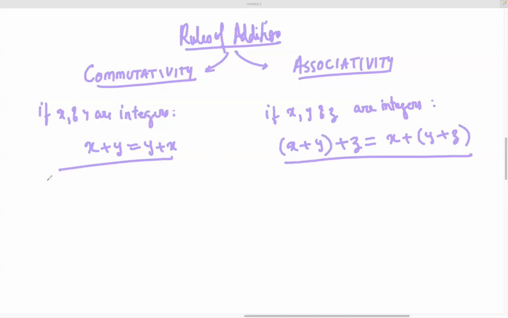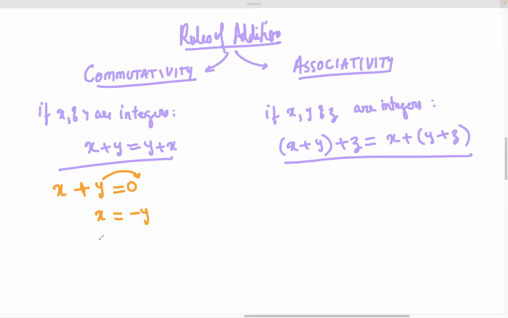Going further with these, if we have, let's say, x plus y is equal to 0, then this also means that x is equal to minus y. What we are doing is bringing this y to the right hand side of the equal sign, and we see a change in sign, so this plus becomes minus, and therefore we have minus y.